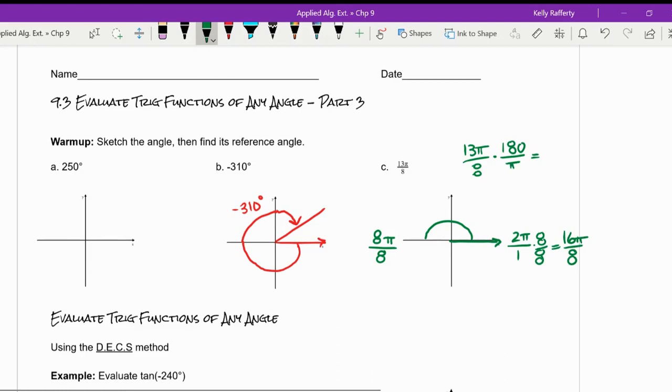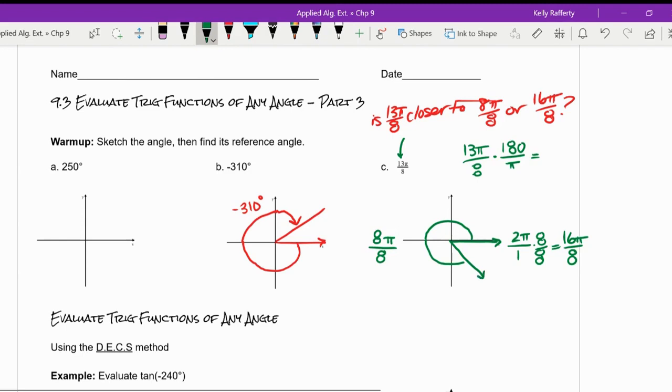So I just have to think, is 13 pi over 8 closer to 8 pi over 8 or 16 pi over 8? Hopefully the answer we're thinking is it's closer to 16. So that means I'm going to go into the fourth quadrant. Doesn't matter where, as long as you're in the right quadrant. We're over here. And there's actually only 3 pi over 8 left, so that'll be our reference angle.